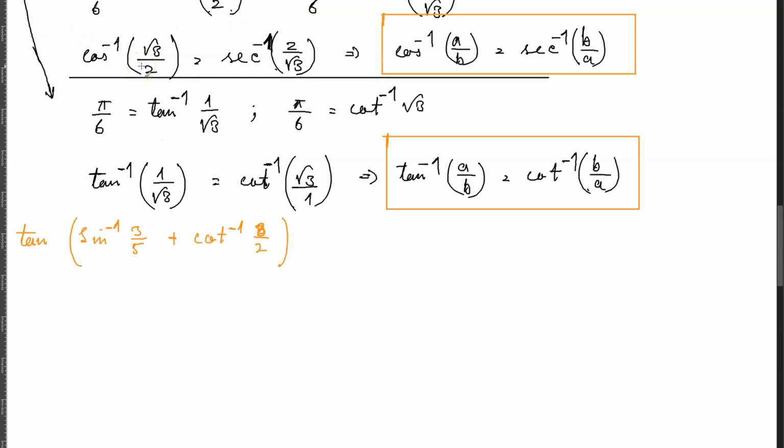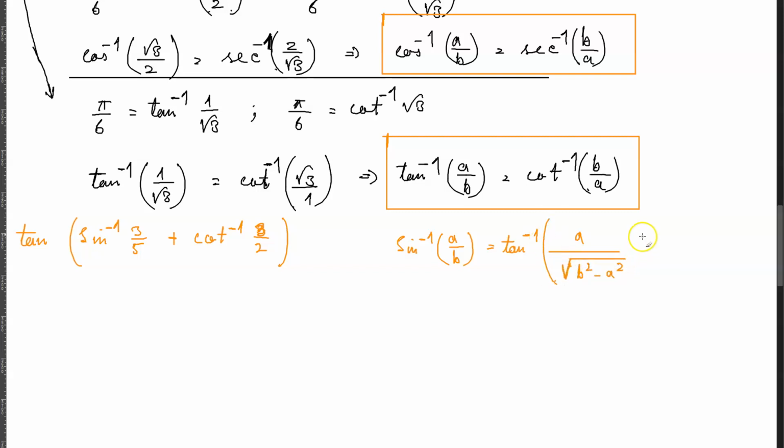Okay, so now to solve this problem, what we can do is that we said that the sine inverse of A by B is the same thing as the tan inverse of A over square root of B squared minus A squared.